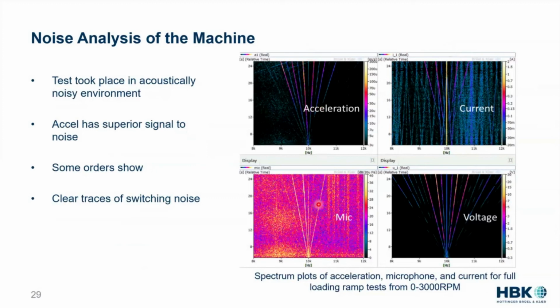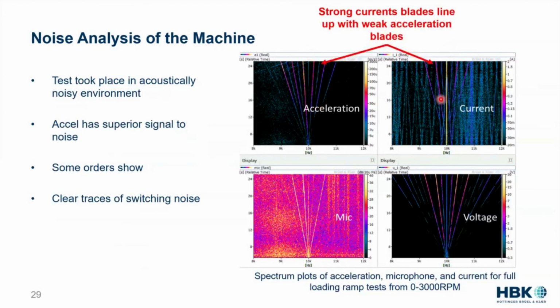But the really interesting part is that if we look at the bands themselves, we see that the weaker bands in acceleration correlate with the stronger bands in current. And the stronger bands in current correlate to the weaker bands in acceleration or vibration. This also raises some questions of where these resonances are being excited, and what is doing the resonant excitation.